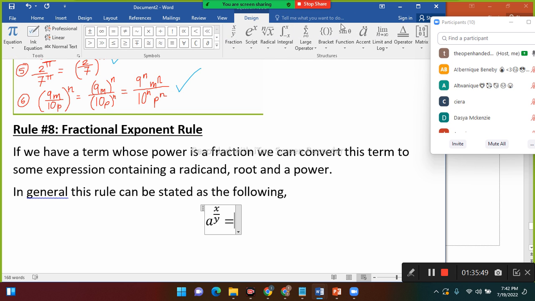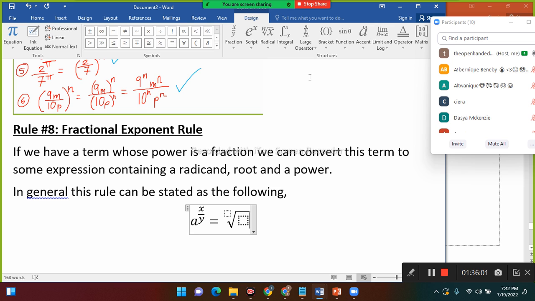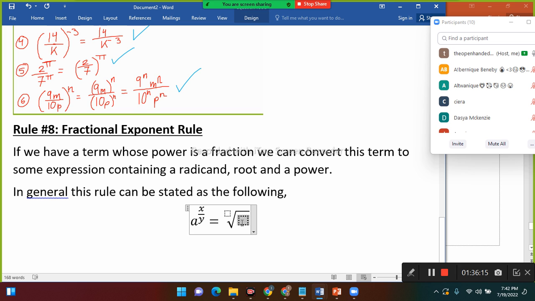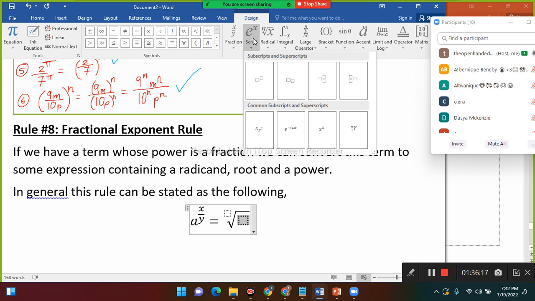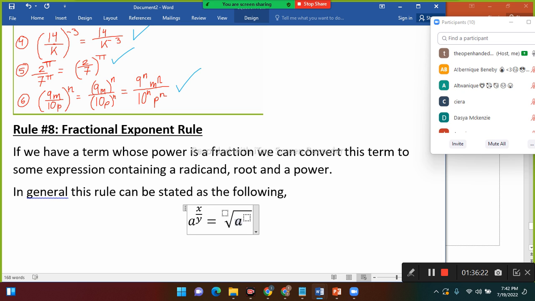some expression containing a radicand. And when we say radicand, what we mean is the same square root symbol, but it doesn't have to be square root, it could be any root. So this is the radicand right there. That funny looking symbol whenever you're doing the square root or cube root of a number. And the way you do it is that we still have the term, so we still have a.